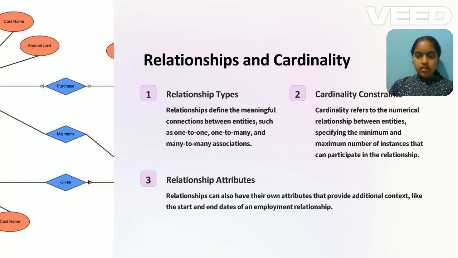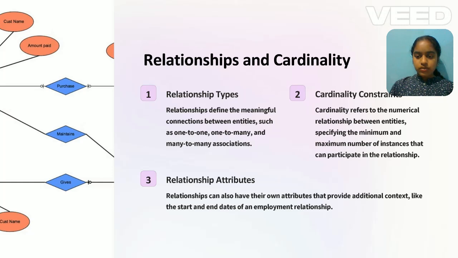Relationships and cardinality. Relationship types. Relationships define the meaningful connections between entities, such as one-to-one, one-to-many, and many-to-many associations. Cardinality constraints.